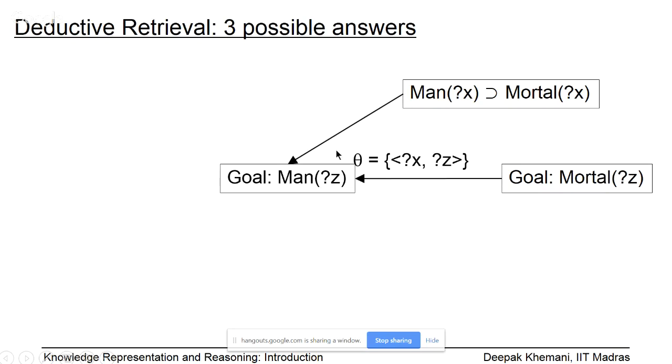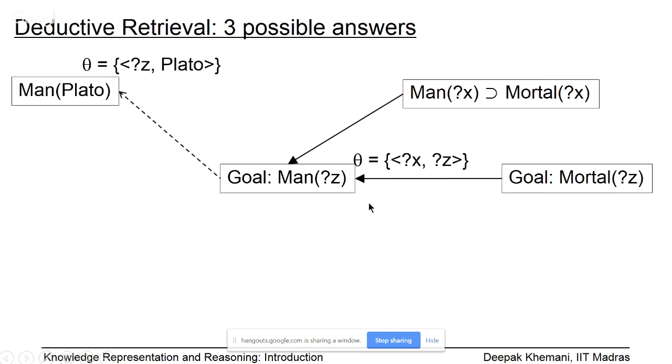This is the process of backward chaining, except that in this case we had a variable in the goal, and that variable is treated as an existential variable, which means you are asking, does there exist somebody who is mortal? We have reduced that question to the question, is there somebody who is a man, and this is done by a process of backward chaining.